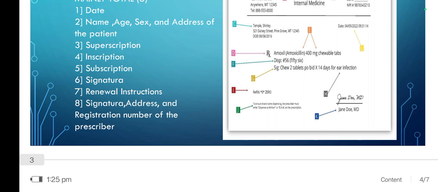Seventh one, renewal instructions. In renewal instructions, the prescriber indicates whether the prescription may be renewed.